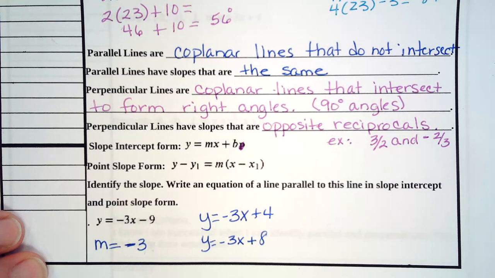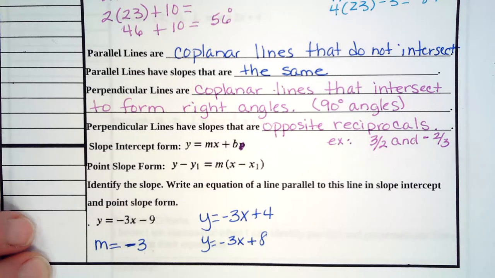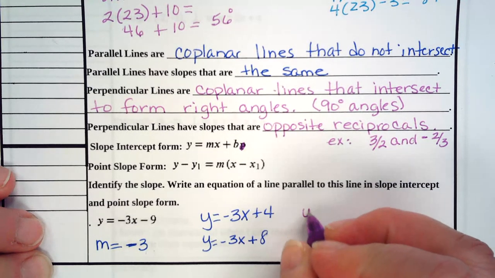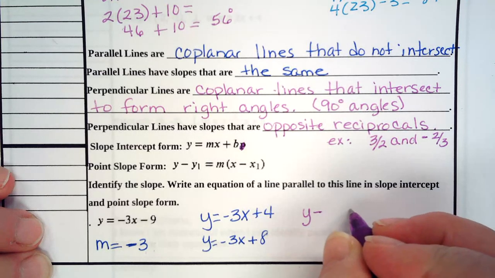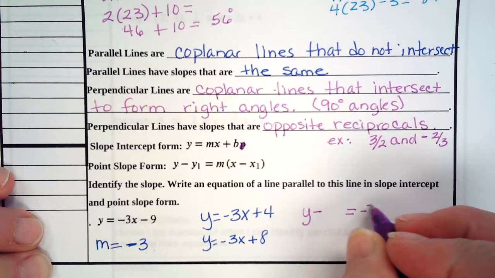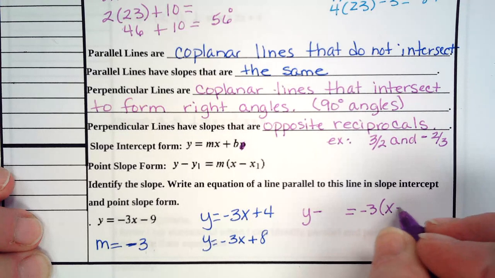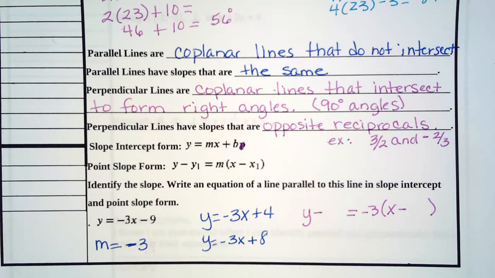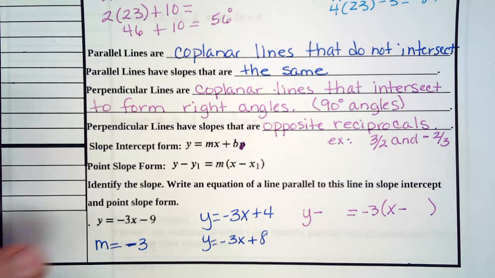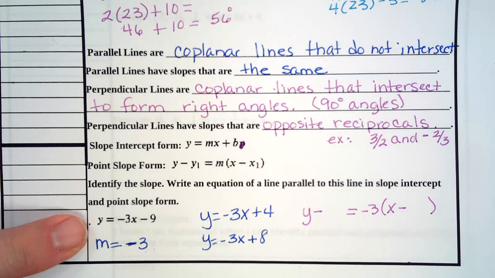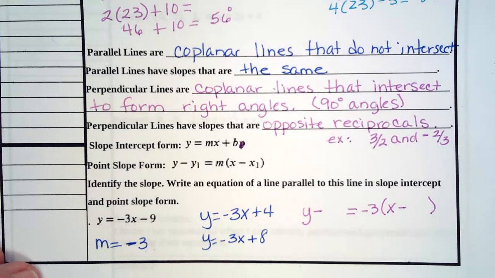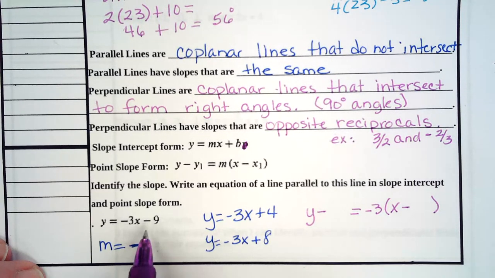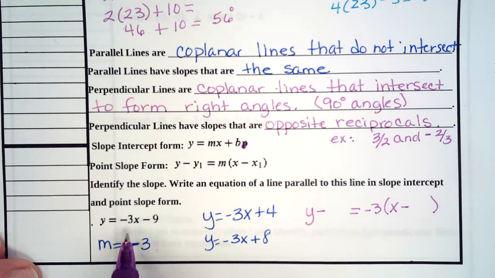Okay, what about the point-slope form? So y minus something is equal to -3 times x minus something. Now, what we're looking at here is the fact that one of the points, your y-intercept, would be 0, -9.